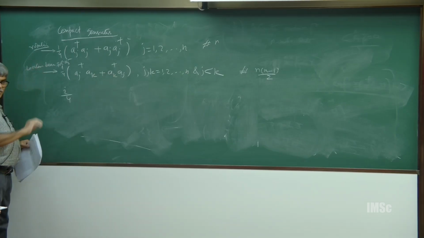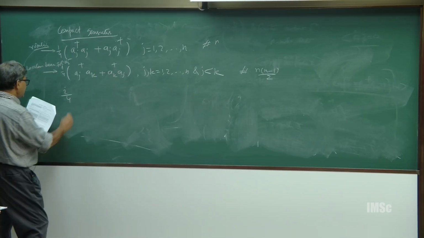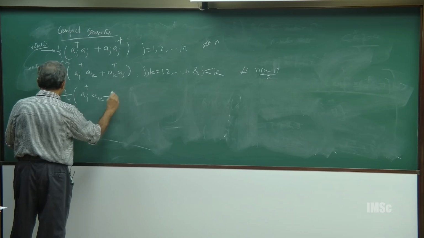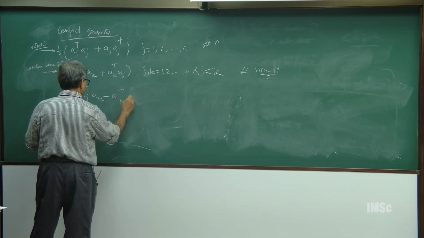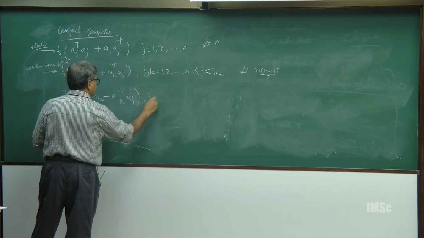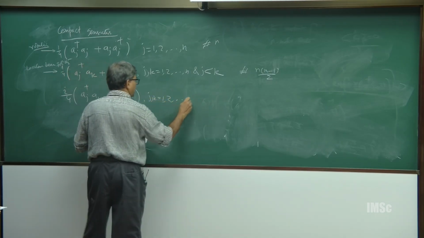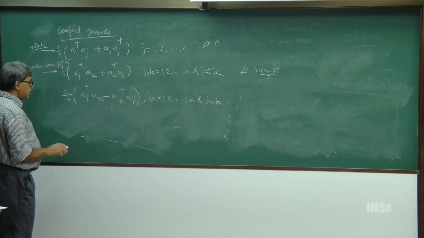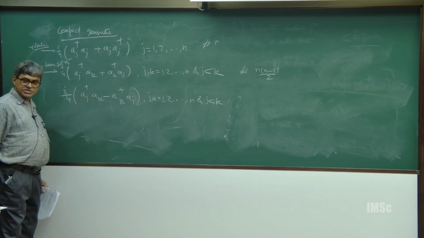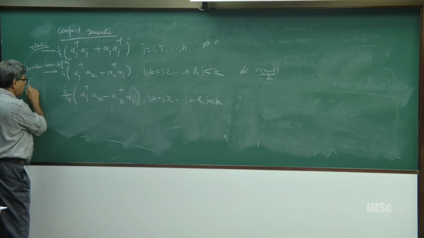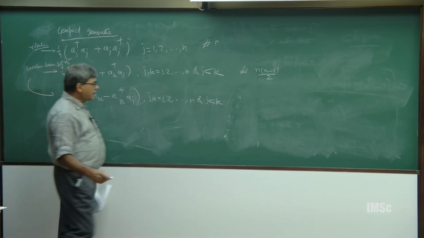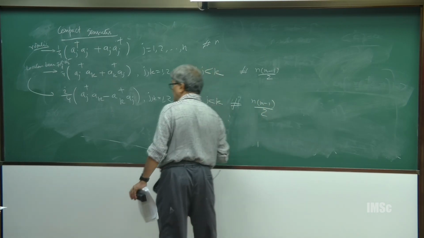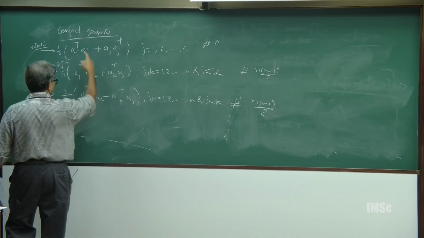This one, again with j and k from 1 to n and j less than k, is again a beam splitter, but a rotated version of the beam splitter. So this is also a lossless beam splitter, and this number is again n into (n minus 1) by 2. All these are Hermitian operators.